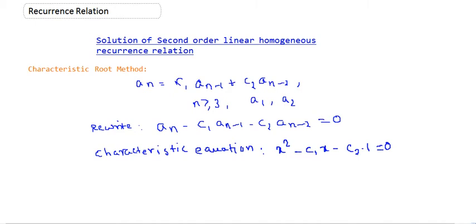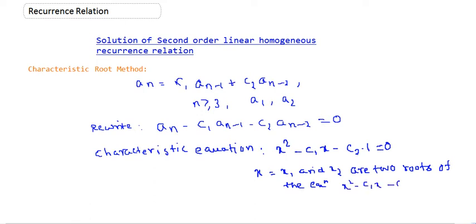If we solve this polynomial equation, we can find the two roots, x equals x1 and x2, the two roots of the equation x square minus c1 x minus c2 equals 0.